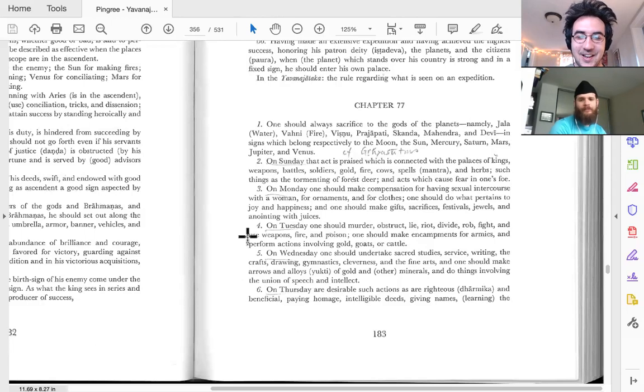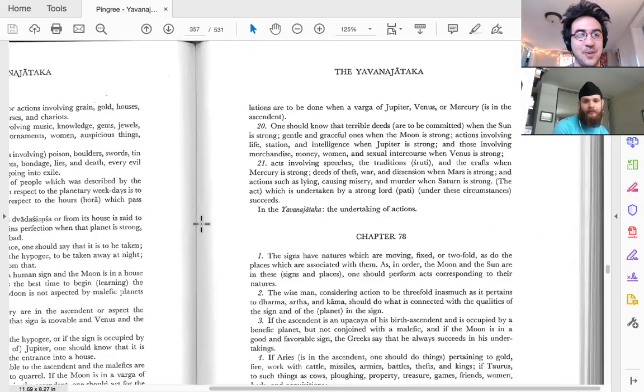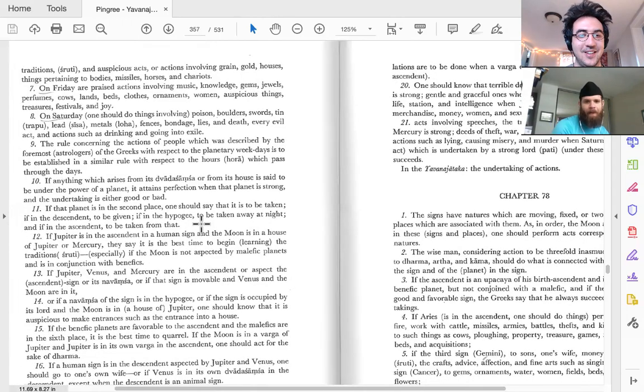Like on Tuesday, pray to Skanda and just go out and lie and riot and obstruct and poison and kill, because it's the day of Mars. So some potential black magic stuff there. There's always a space to do those things.